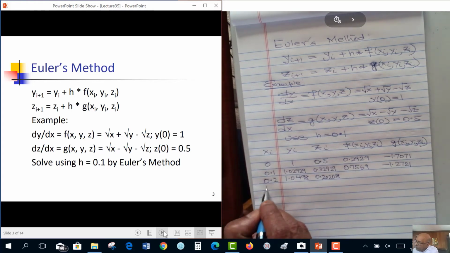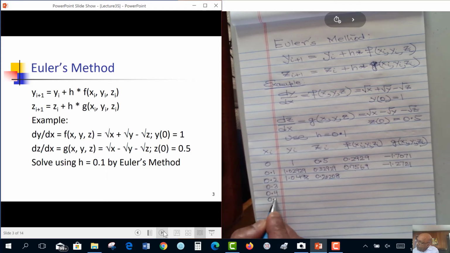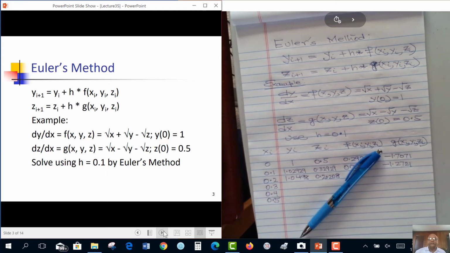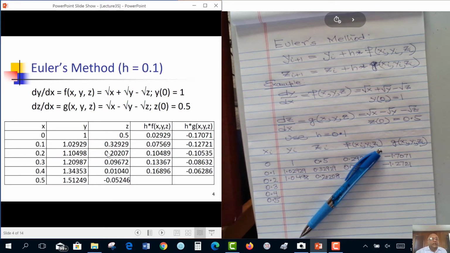So my suggestion to you is please do it for 0.3, 0.4, and 0.5. All right. So on this slide, I have finished the table. Notice I'm keeping 5 digits here. So if you want, please keep 5 digits and you should match my results exactly.